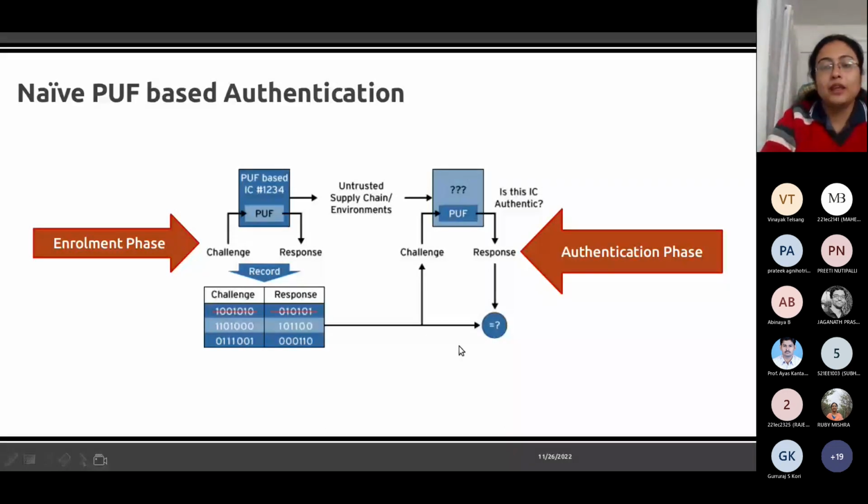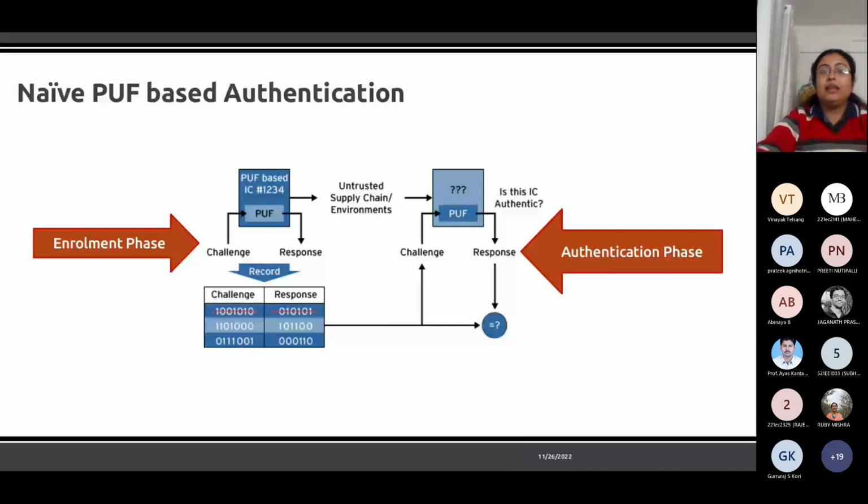If they are the same, then we say that the authentication is successful. Okay, so this is what has been proposed as a naive PUF-based authentication.